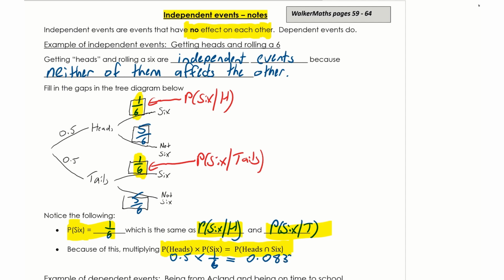You can see that because if we multiply along the branches here, we get 0.5 times 1 in 6, and that's going to be the same thing. So the probability of heads and 6 is going to be 0.0833.